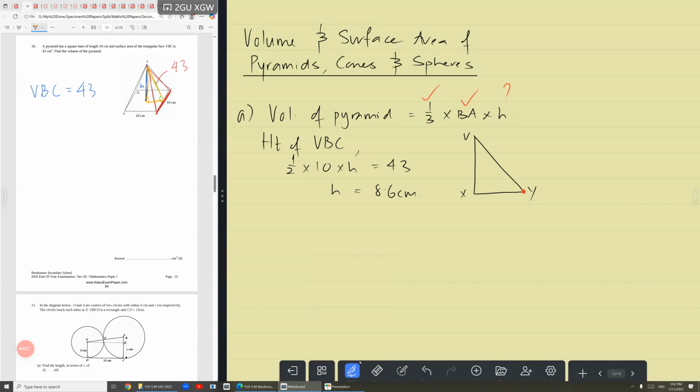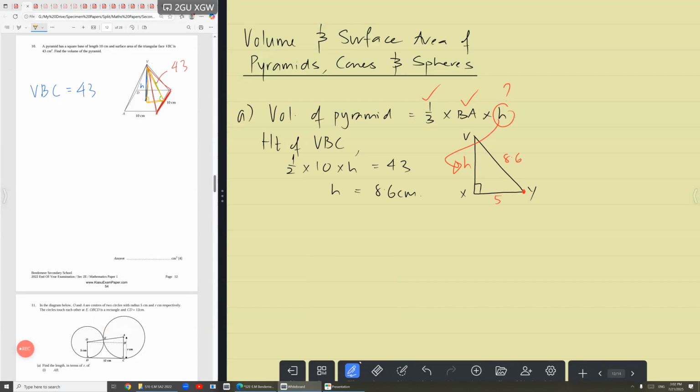This is 8.6, obtained earlier, and the length of xy is half the length of AB, which is 5 centimeters. So this is our h, the h that we're looking for to find the volume of the pyramid.